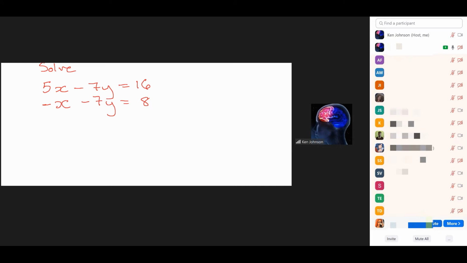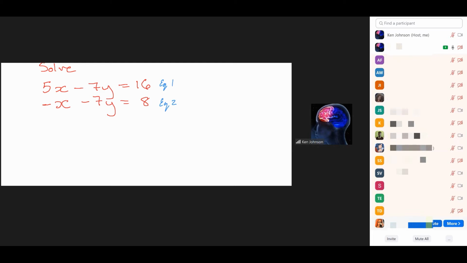This is the plan. Let me write the plan for you. You must label your equations, equation 1, equation 2, right? And then you're going to tell the person marking your paper what you're going to do.